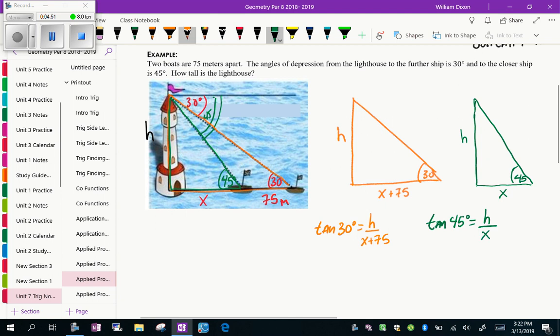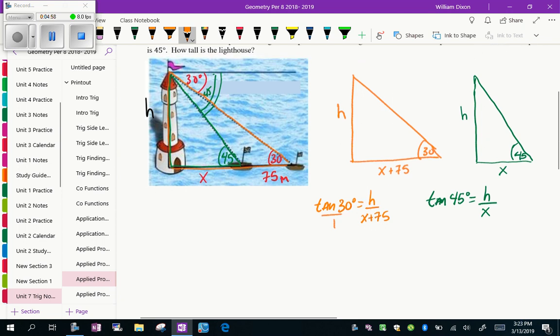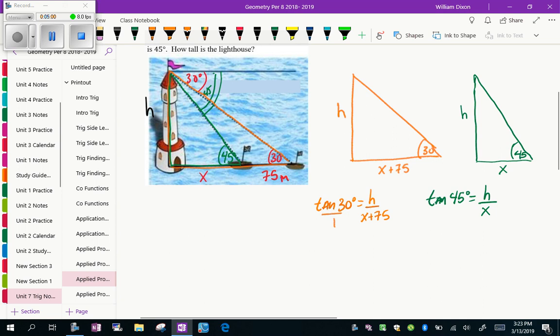Okay, let's finish that up a little bit. I'm going to draw my line and cross multiply. When I cross multiply, I get h equals the tangent of 30 times x plus 75.